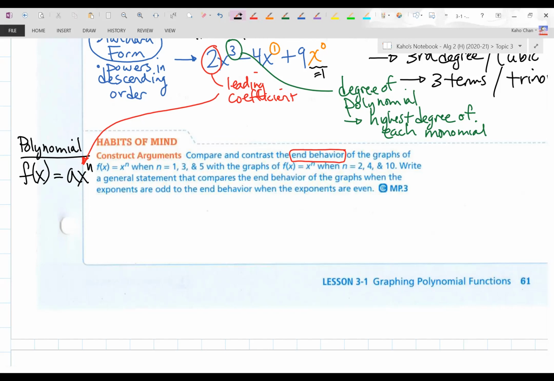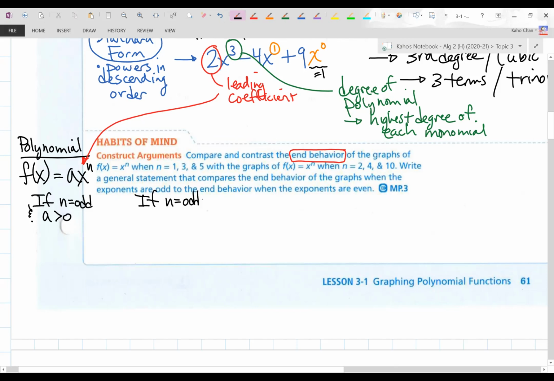Here are your 4 scenarios. If your power is odd, 2 things can happen depending on if your leading coefficient is positive or negative. So let's start with positive first, and then we'll switch to negative next. I might as well write out the other scenarios too.